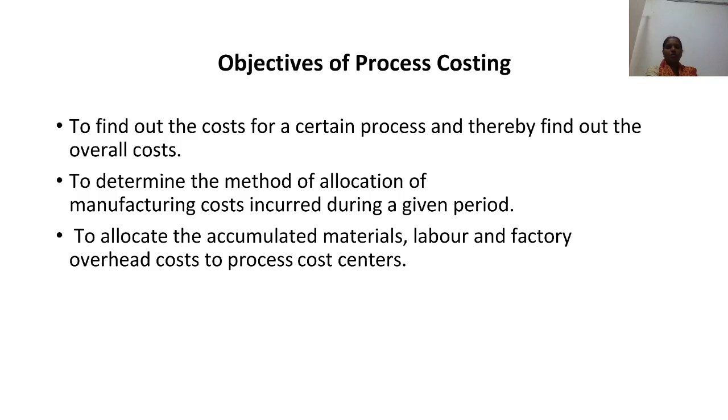And in process costing, as we know, the output is uniform and all the units are identical during one or more processes. So the cost per unit of production can be ascertained only by averaging the expenditure incurred during a particular period. So in this case we have very important points to consider while finding out the process costing.